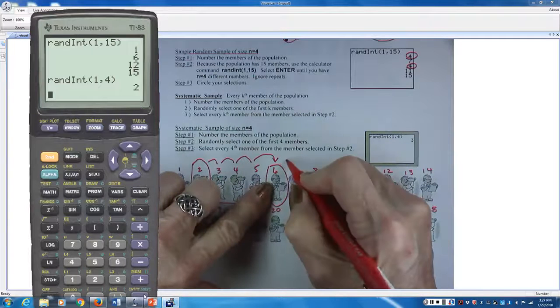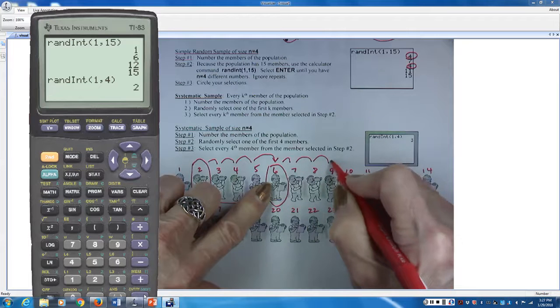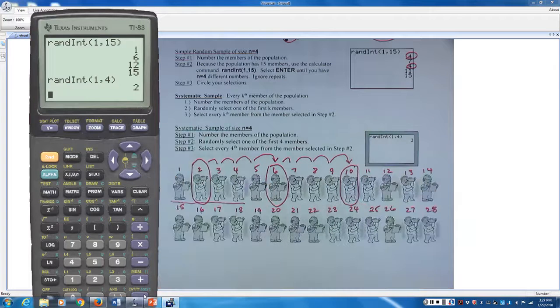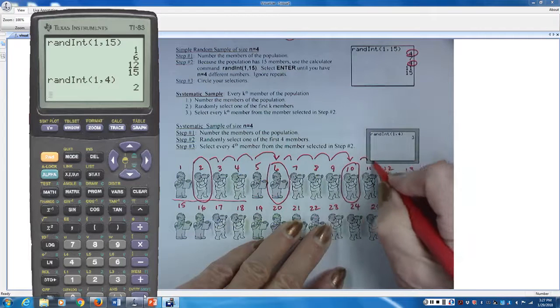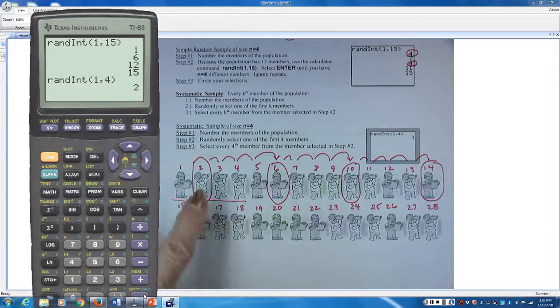And then I go again. 1, 2, 3, 4, and that person will be in my sample. And then I go again. 1, 2, 3, 4, and that one's in my sample.